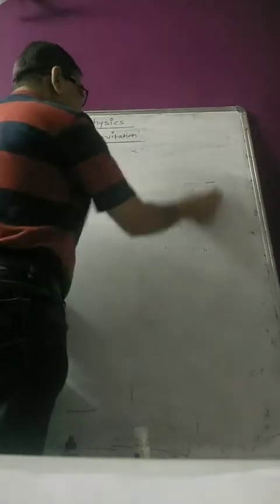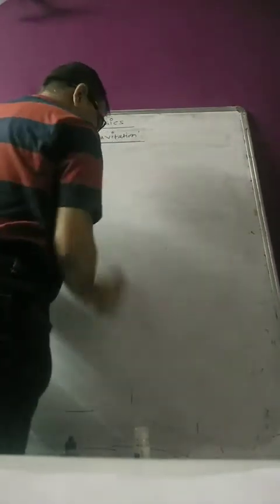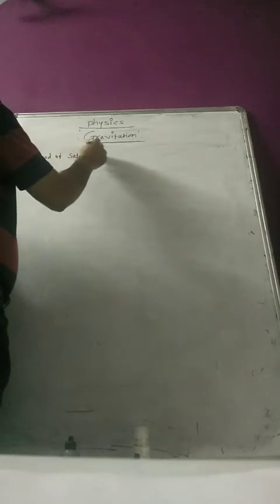This is the expression we have calculated for the critical velocity. Now, what is the period of the satellite? That is the capital T. That we want to define first, and then find the expression.